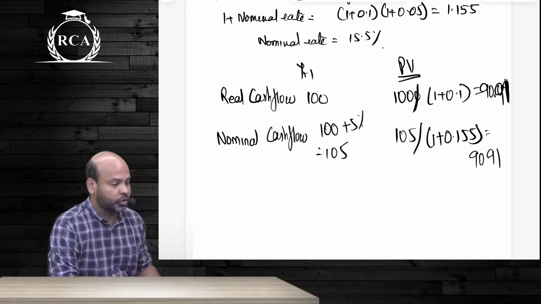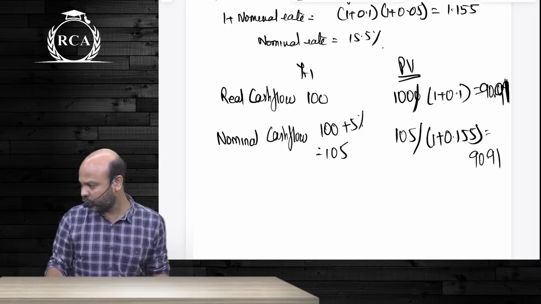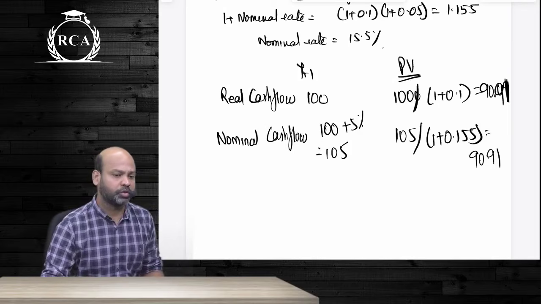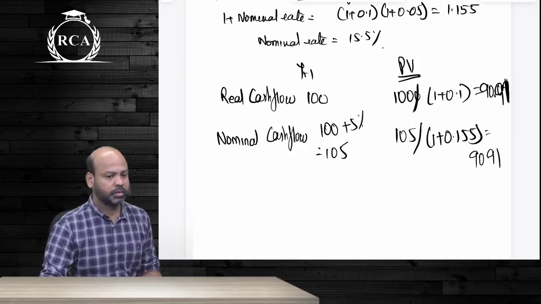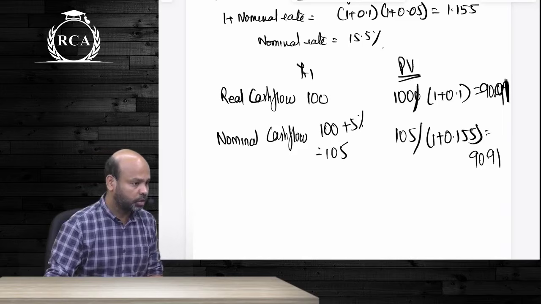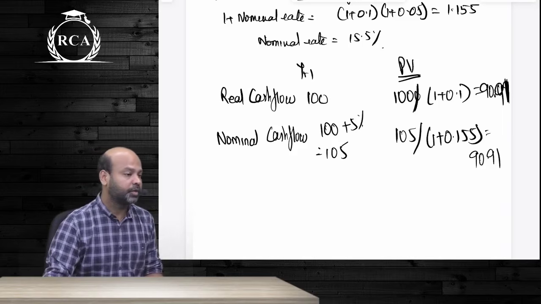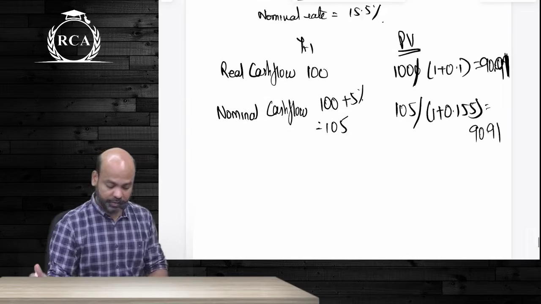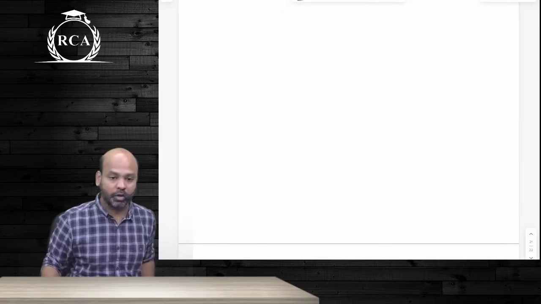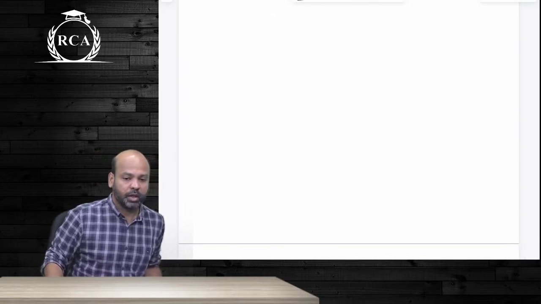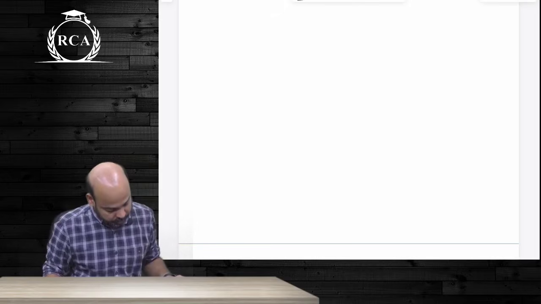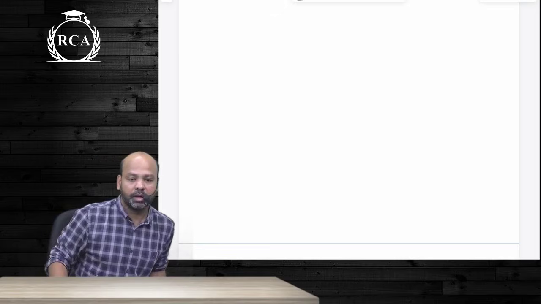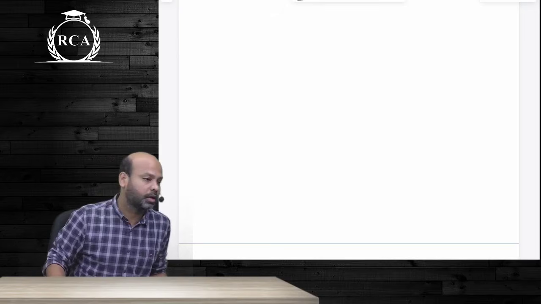So if real approach is to be followed, we should remove the impact of inflation from tax savings and then discount at real rate.